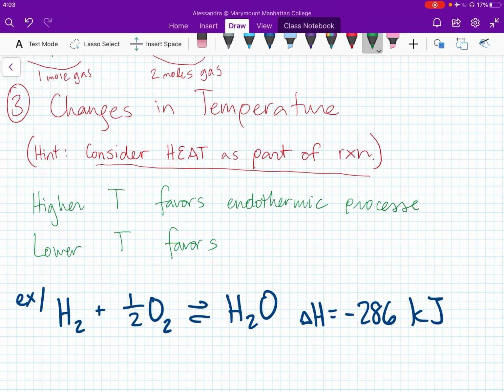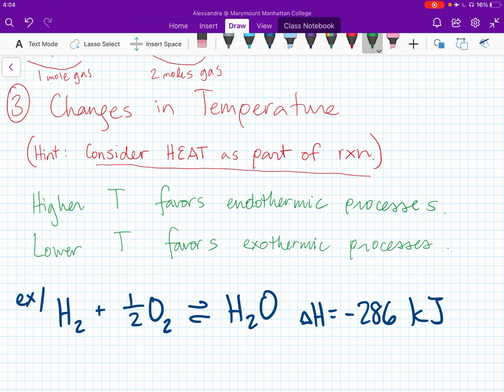So endothermic processes are going to be favored, pushed forward by higher temperatures. Lower temperatures are going to favor exothermic processes. Okay. Let me do an example to put that kind of in the real world.